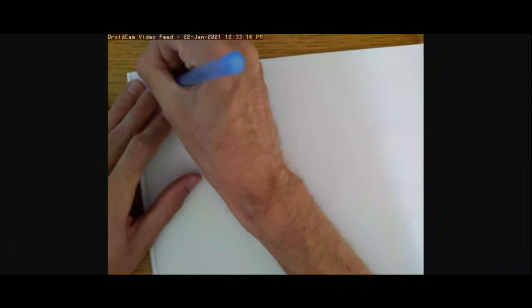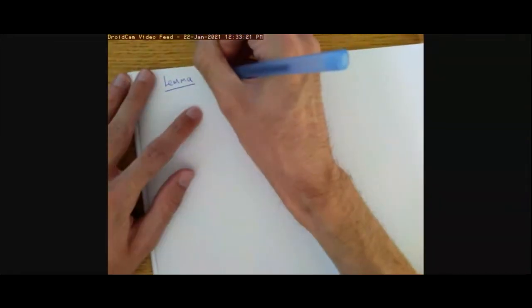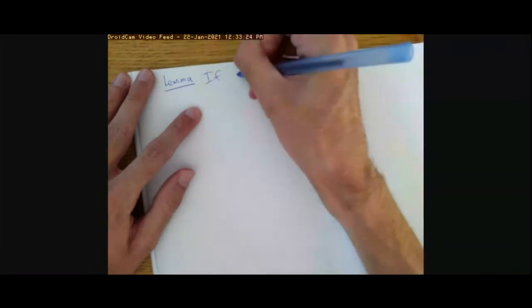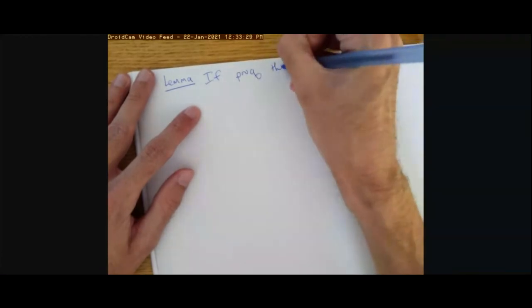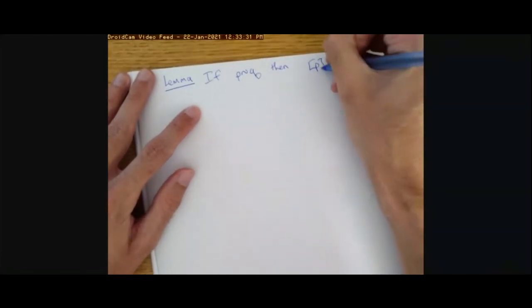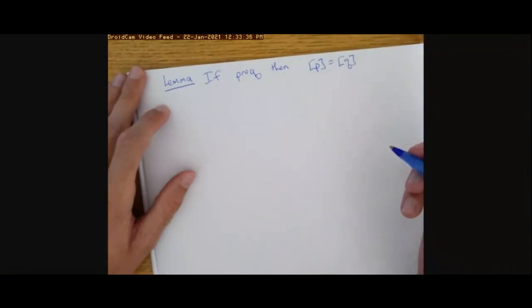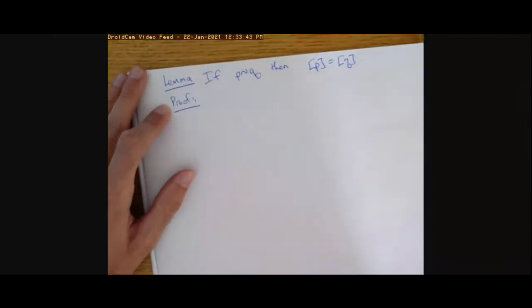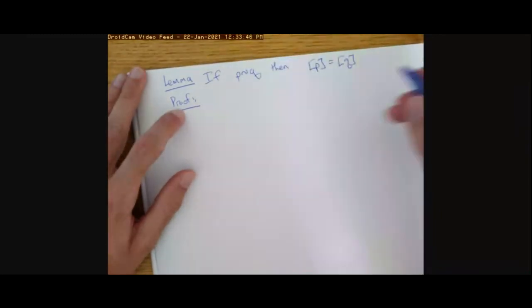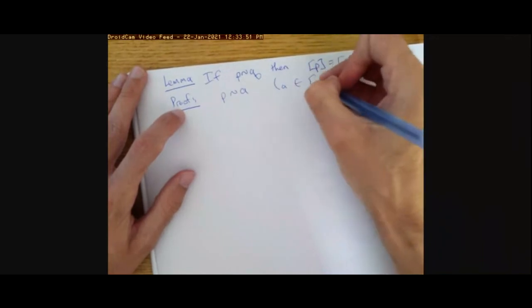And now we just need a lemma. If p is related to q, then the equivalence class of p is the same as the equivalence class of q. And let me write a brief proof of that. Well, start with p related to A, which is just saying that A is in the class of p.